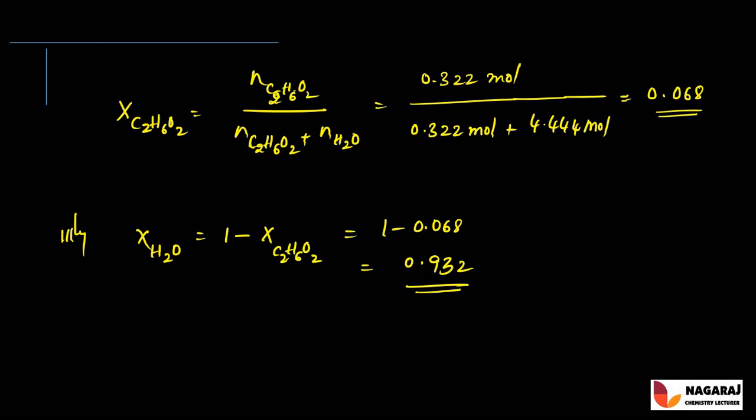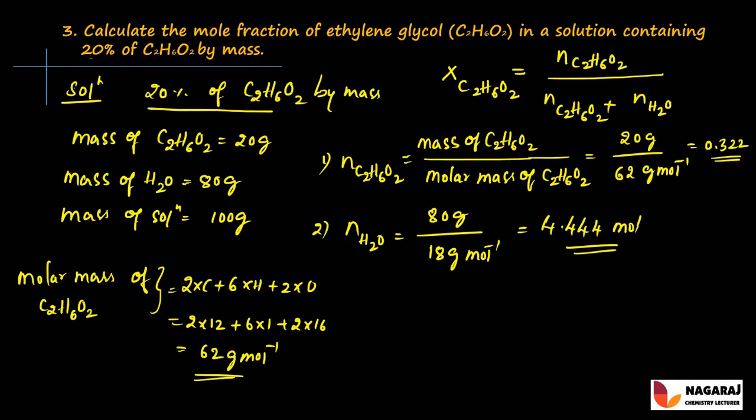So the mole fraction of the ethylene glycol is 0.068 and the mole fraction of the water is 0.932. So this is the method used to calculate the mole fraction of the components present in the solution. So the solution contains only 20% of ethylene glycol. 20% of ethylene glycol means 20 grams of ethylene glycol is to be mixed with the 80 grams of water, and finally it gives the 100 grams of the solution.